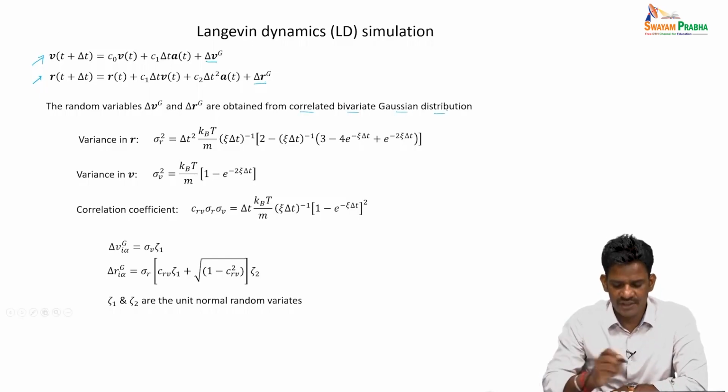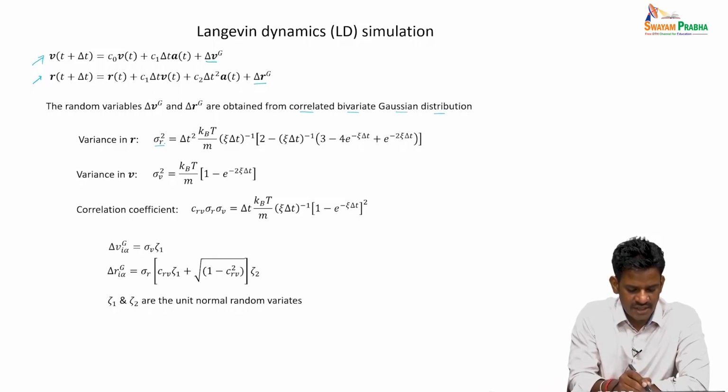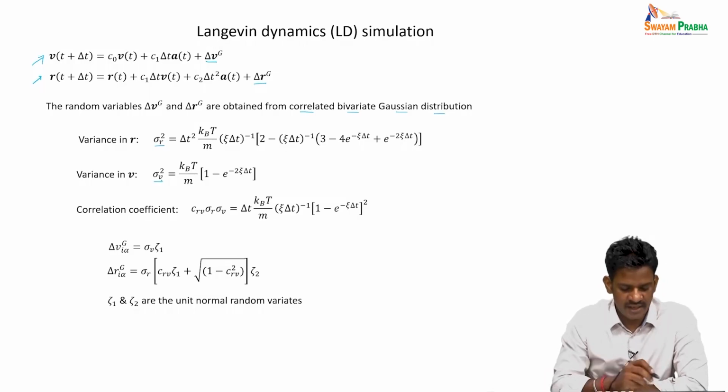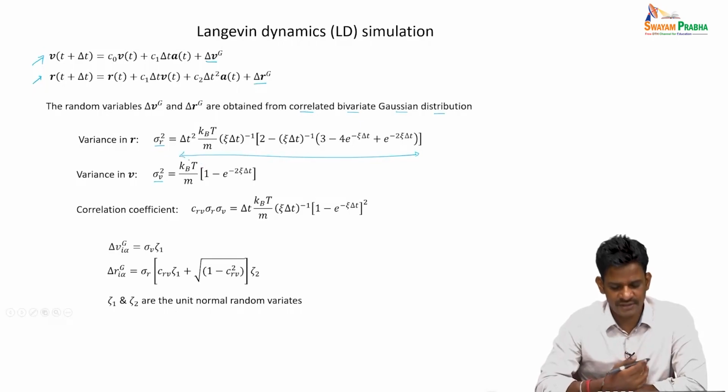It turns out that these two random variables are basically correlated bivariate Gaussian random variates, and again the theory is there in the background. What we need to know here is the variance in R and the variance in V, and these are related to all the quantities that we already know, that is the friction coefficient, mass, temperature and delta t.